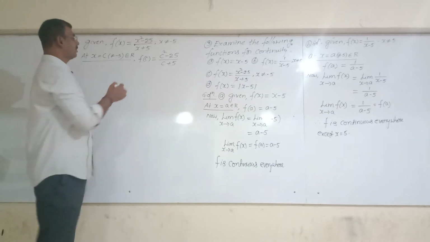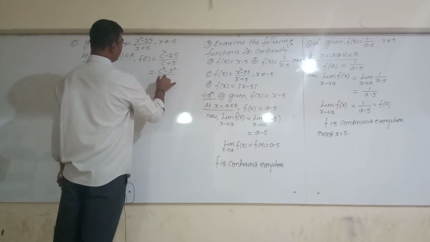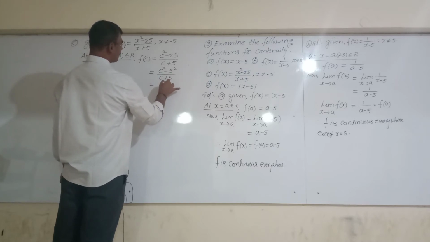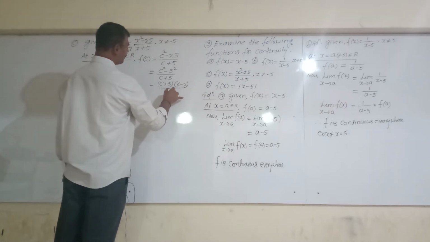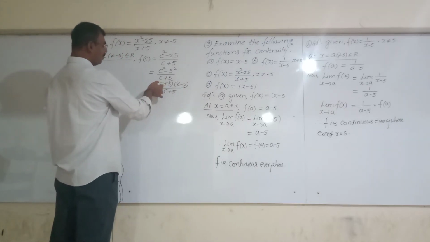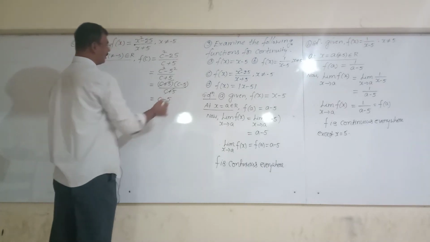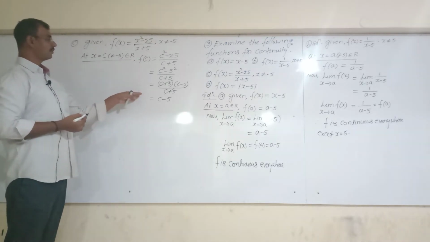Applying the a square minus b square formula, we get c square minus 5 square divided by c plus 5. This is equal to c plus 5 into c minus 5 divided by c plus 5. Now I have cancelled like terms. This is equal to c minus 5. This is the value of f of c.